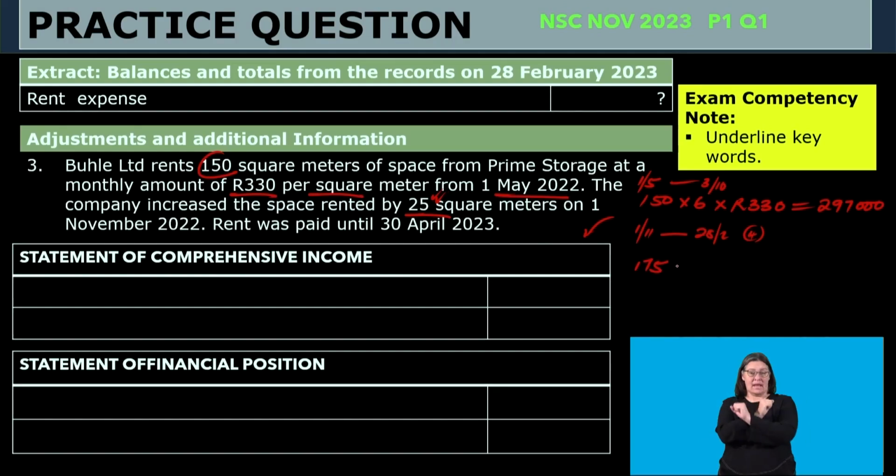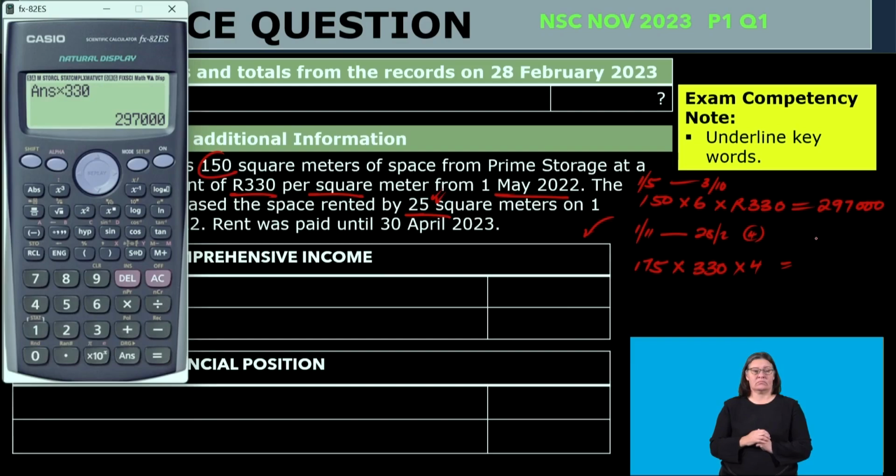175, then we say this is being paid at 330, if you want to start with the 330. And then now you say this is for 4 months. Let's quickly look at it again. So I'm now saying I have my 175, and then I say multiply this by the 330.